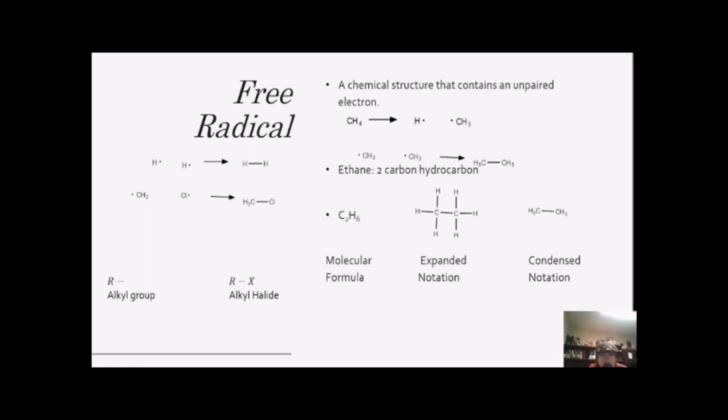And the basic hydrocarbon group is often abbreviated as an alkyl, because it's coming from the group alkane. So an alkyl group, where we put a generic R, that R could stand for any carbon chain. Now, if we combine the alkyl group with a halogen, like chlorine, it becomes an alkyl halide, generic RX.